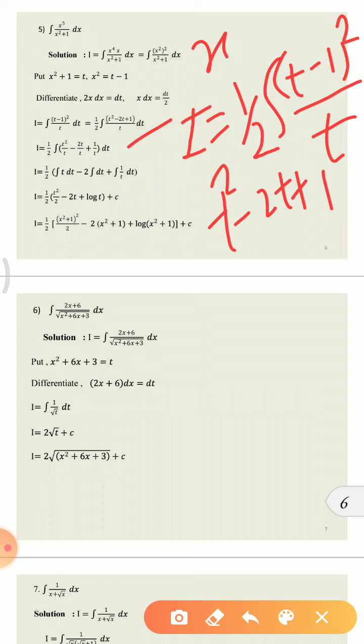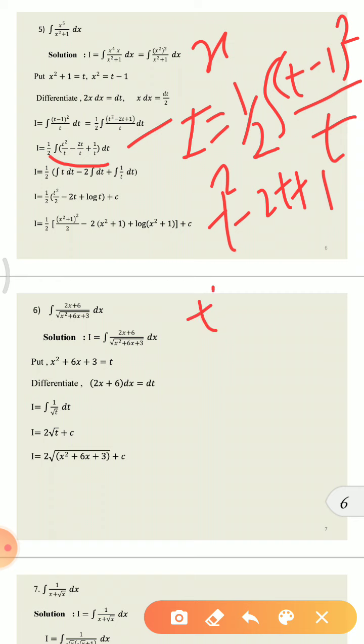Then we separate the denominator t across t square minus 2t plus 1. That is 1 by 2 integration of t square upon t minus 2t upon t plus 1 upon t dt.